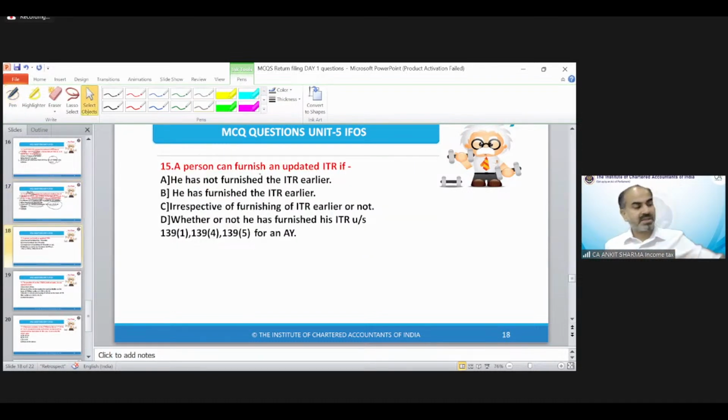A person can furnish an updated ITR if... what should be the correct answer of this question? Komal is saying D. Abhishek is saying B. More answers.